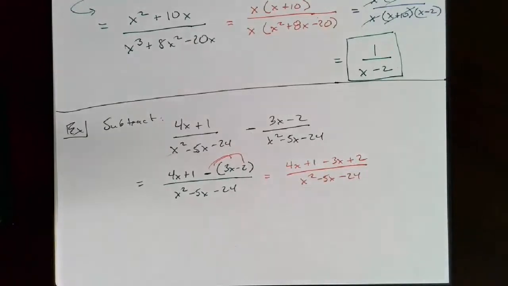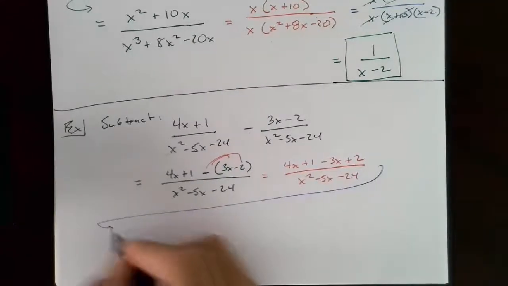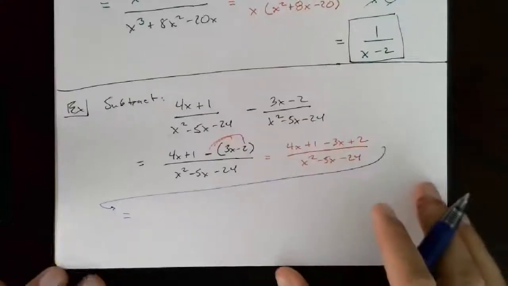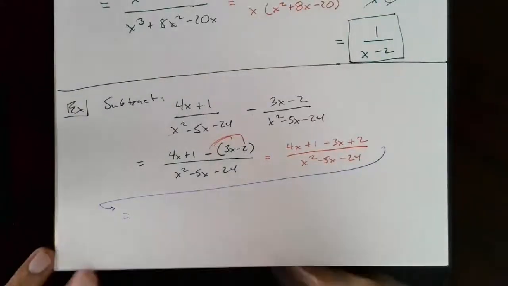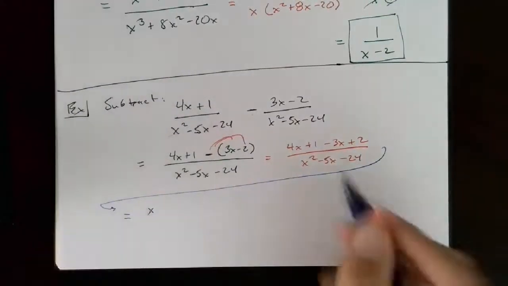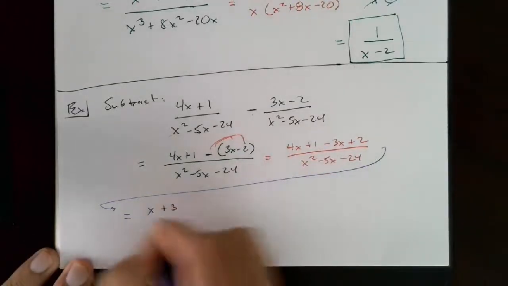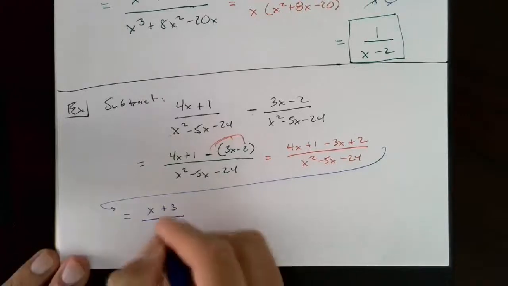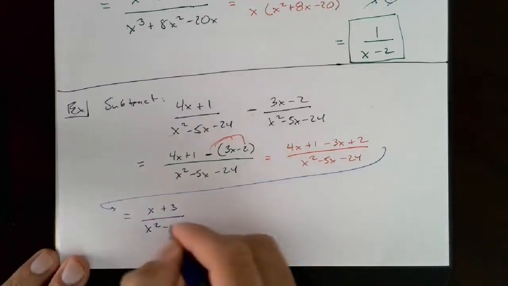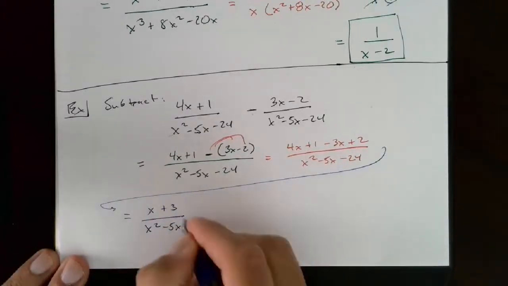Combining like terms, this will give us 4x minus 3x, which is just going to be x, and then positive 1 plus 2 will be plus 3 over the denominator, which is x squared minus 5x minus 24.